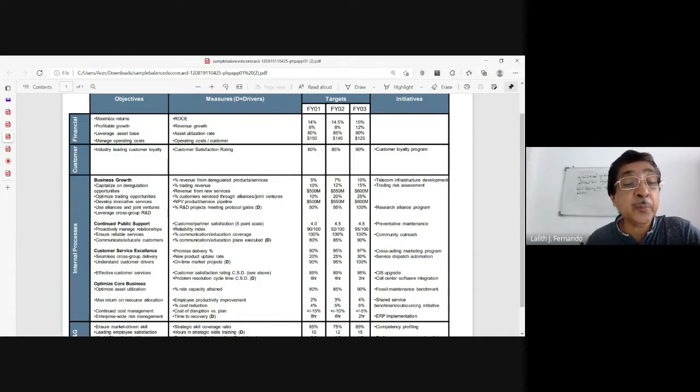Then the development of innovative services. All these things can be just kept as concepts, but that is not the real scene here, because you need to see how you can practically achieve these things. Use alliances and joint ventures.